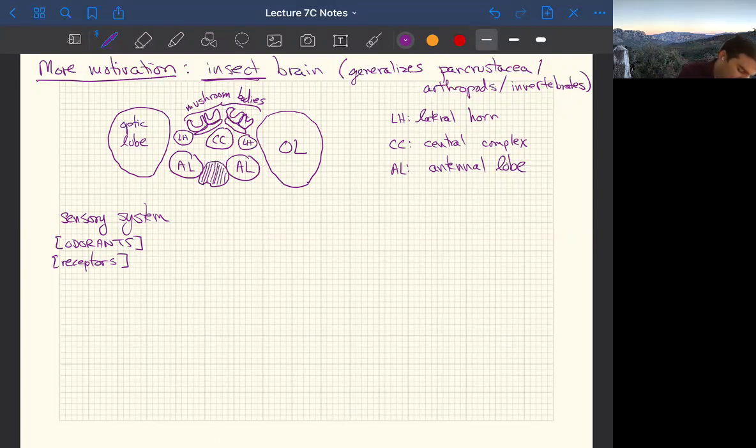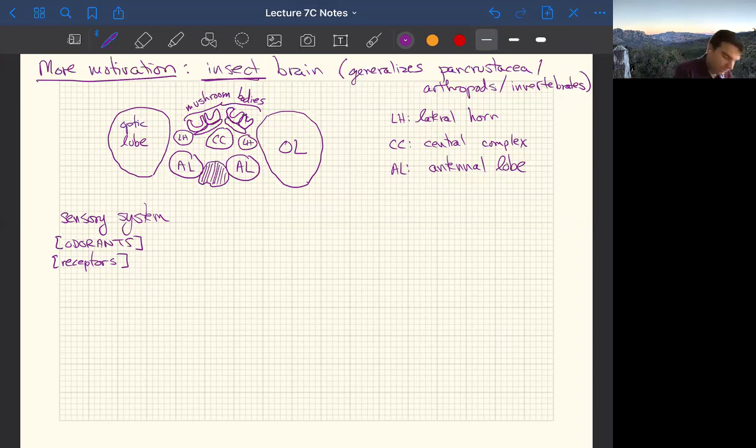I should define these terms. There are different types of neurons in neuroscience. There are motor neurons and sensory neurons, which are the ones actually tied to the muscle or to the sensory system.